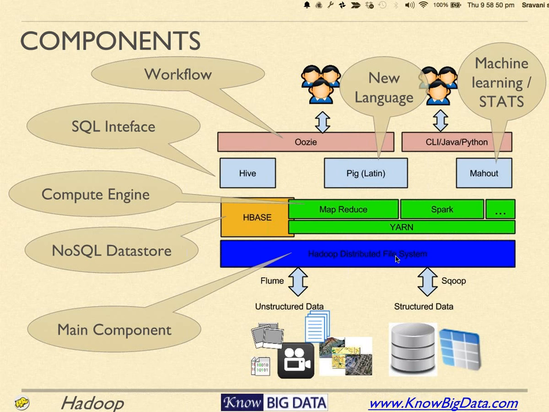HDFS stores files just like your normal FAT32 or Linux file system, and the way when you open the file browser you see C colon, D colon, and so on. In a similar fashion, Hadoop provides this Hadoop distributed file system, and it is something on which everybody depends.